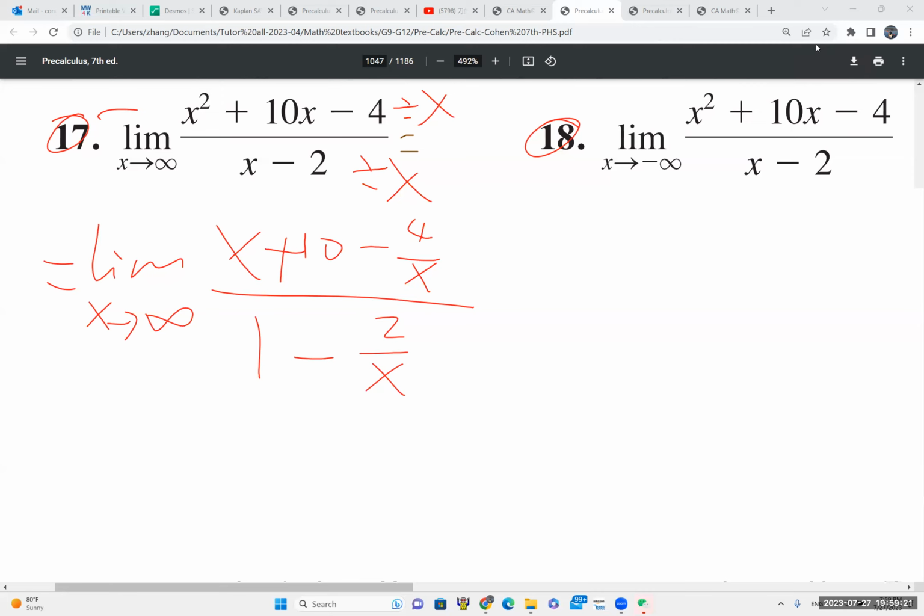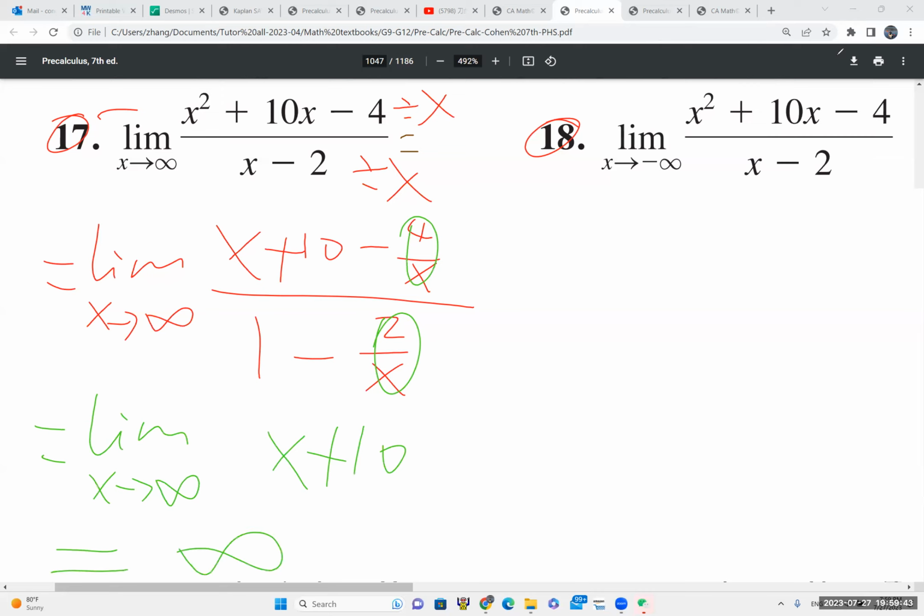When x approaches infinity, this approaches 0. So it's like the limit of x plus 10, but as x approaches infinity, this just goes to infinity, right? Then similarly, this should finally go to negative infinity. That's the difference.